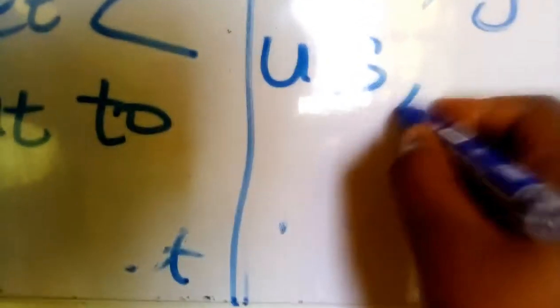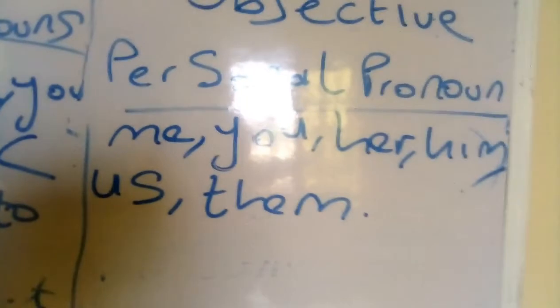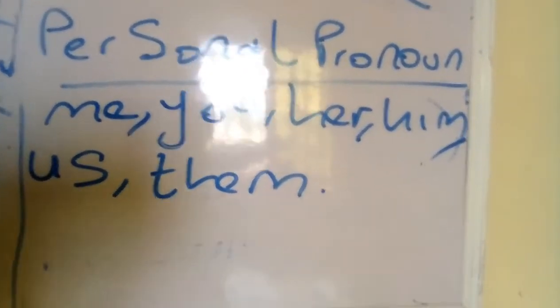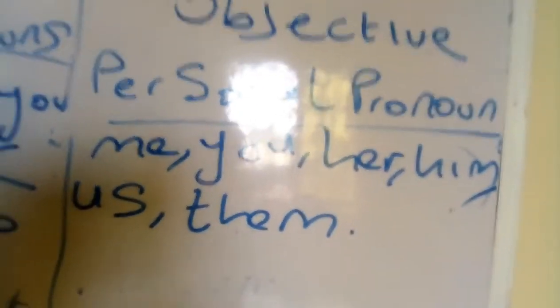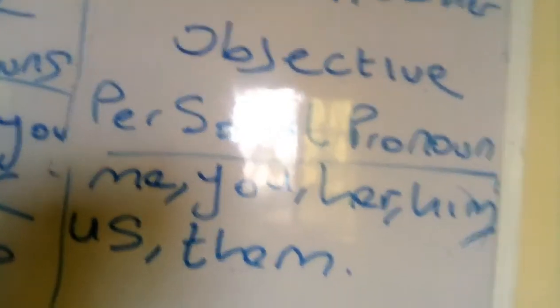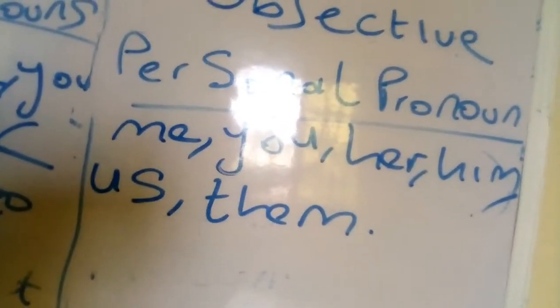You have us. You have them. So me is a personal pronoun, but it's an objective personal pronoun. It always stands as the receiver of the action. You could also be the subject and the object in a sentence. So you could be a subjective and objective personal pronoun. Her is a receiving pronoun. Him, us, them.